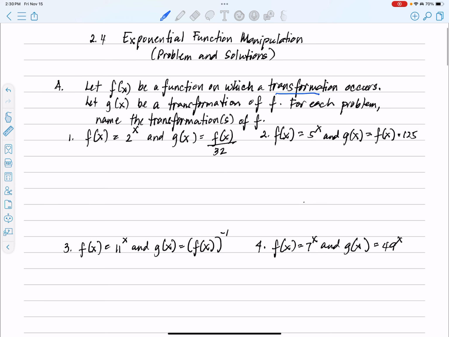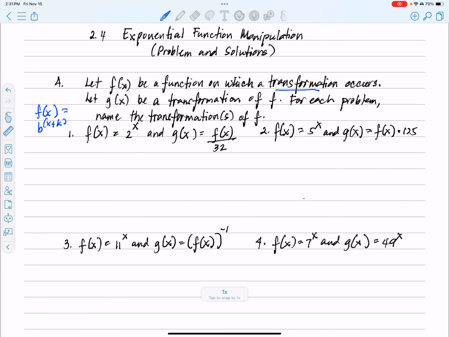Now, remember what we have talked about in the previous video, that if you have an f of x that would be equals to b to the power of x plus k, you can see that there is a horizontal translation that is taking place here, that is affecting the x values, shifting to the left k units or shifting to the right.